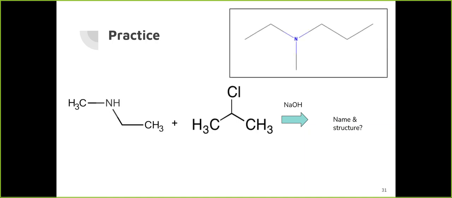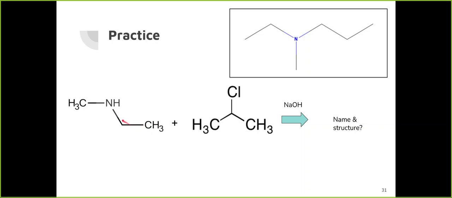So did you get something like this? So we've got this methyl group coming off of the nitrogen right there. And we've got this propyl group coming off on this side. Where's the purple coming from? Right here, 1, 2, 3. Oh, sorry.